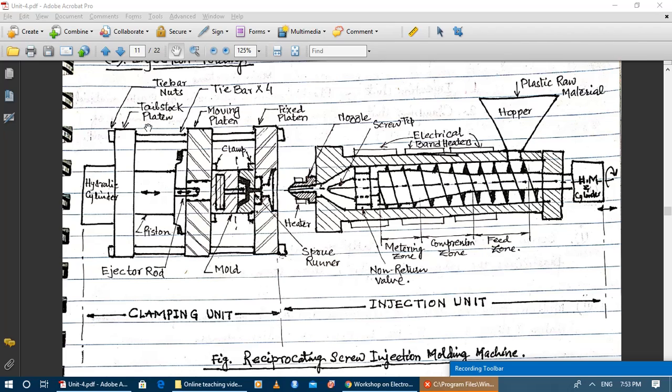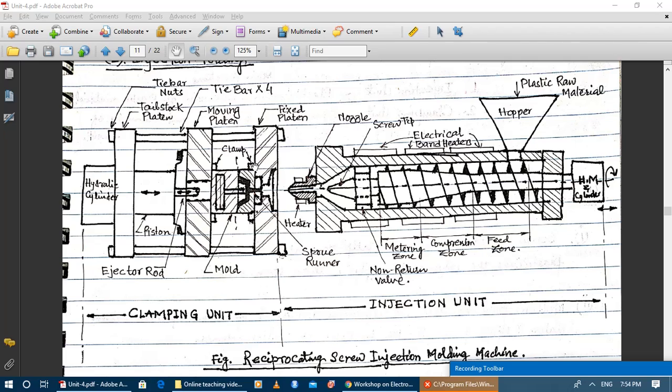Okay, so platens are clear, tie bars are clear. Now you can see the mold. The injection mold is mounted between the moving platen and fixed platen with the help of clamps.